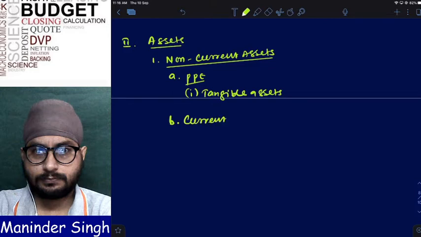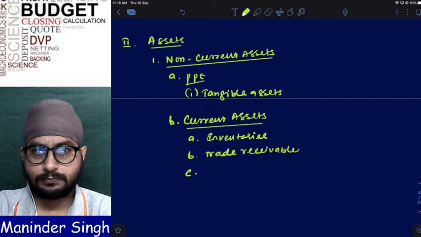Current assets. Second one we have is current assets. Under current assets, we had only three things yesterday. One was inventory. Second one was trade receivables. And third one was cash and cash equivalent.